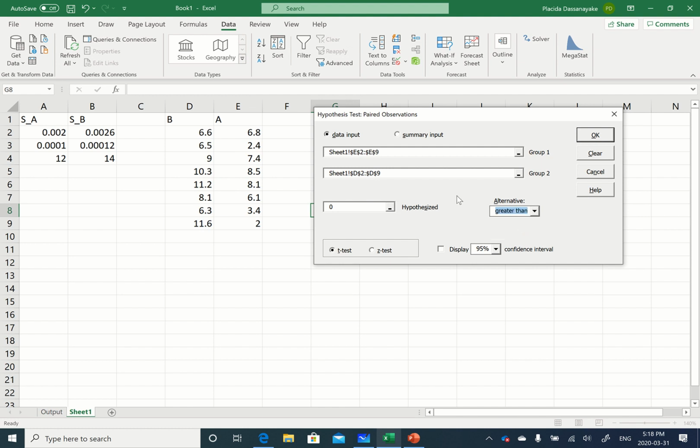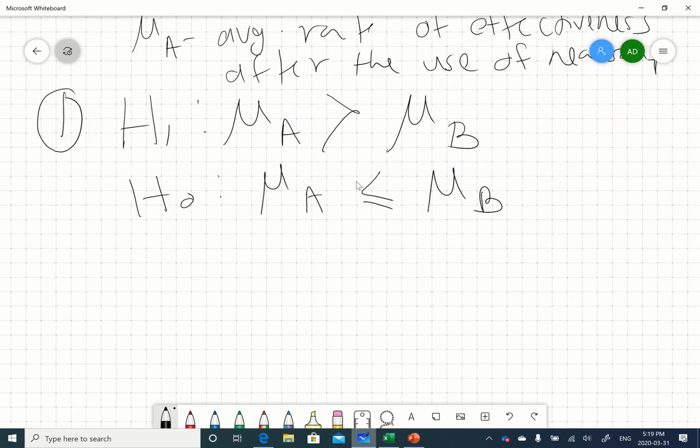The reason I selected the after data set is because this is how the comparison goes. Group 1 is greater than group 2. That's what this tells us, right? So that means after is greater than before. That's what we have up here in the alternative, right?